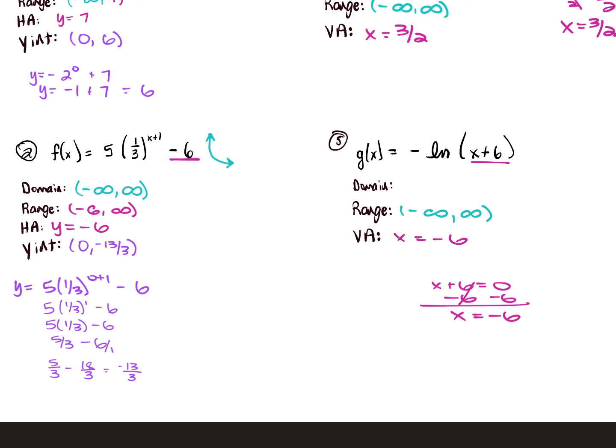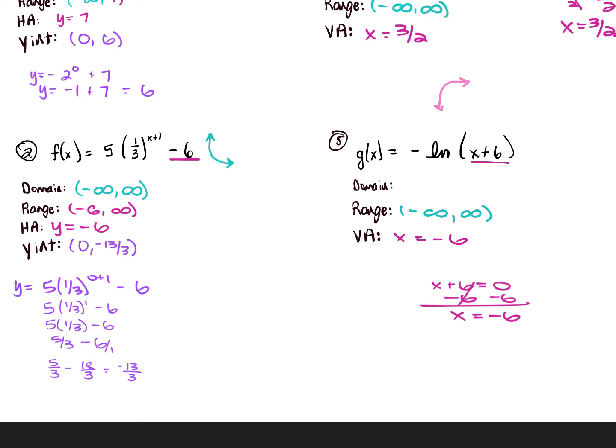If x is equal to -6 for your vertical asymptote, your domain is going to include that -6. You just now have to figure out whether or not it's going to positive infinity or if it's coming from negative infinity. If you look back at the very top of this, it tells you that a log function normally looks like this.